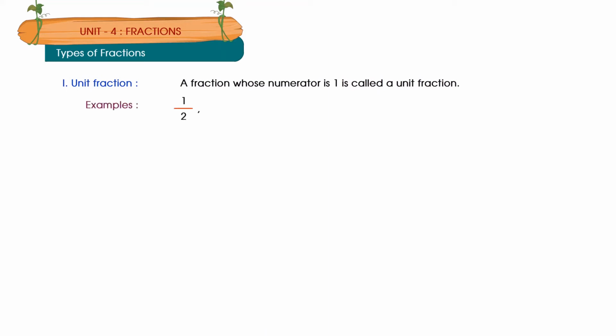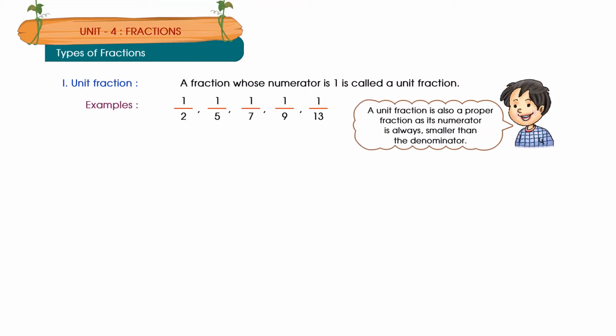Types of fractions. 1. Unit fraction. A fraction whose numerator is 1 is called a unit fraction. Examples: 1 by 2, 1 by 5, 1 by 7, 1 by 9, 1 by 13. 2. Proper fraction.